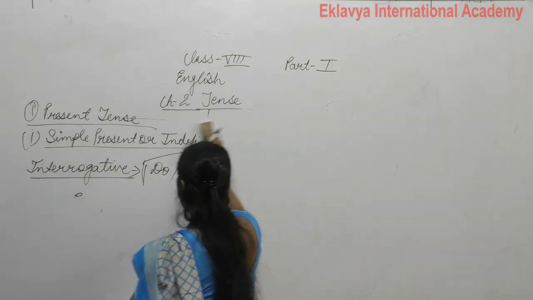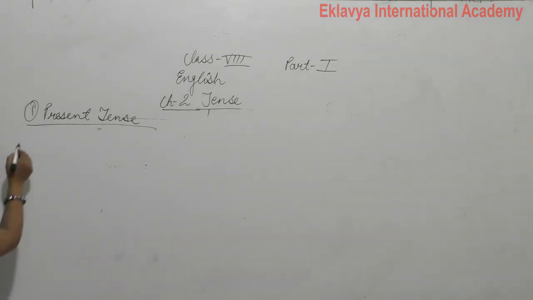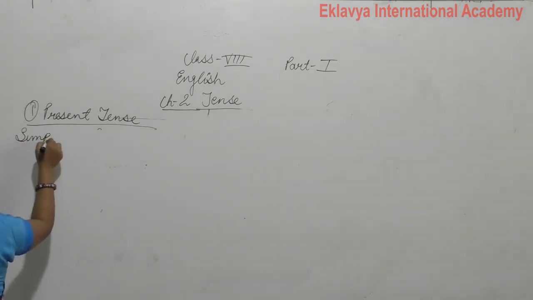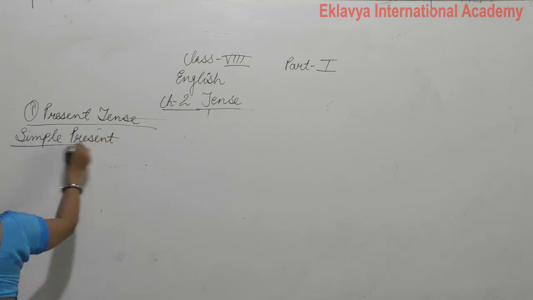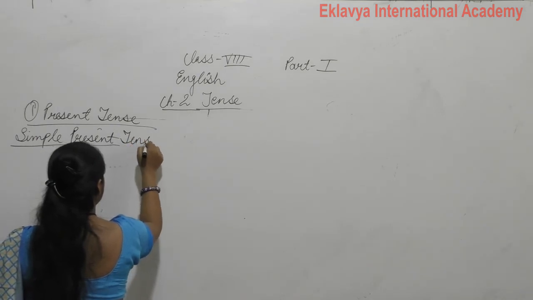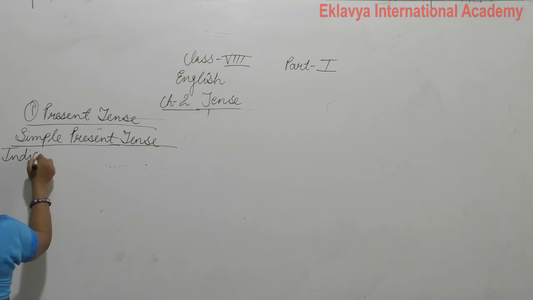So write down the indicators of simple present tense. How do we identify that this is the simple present tense?